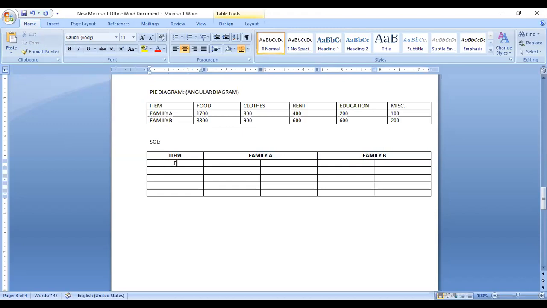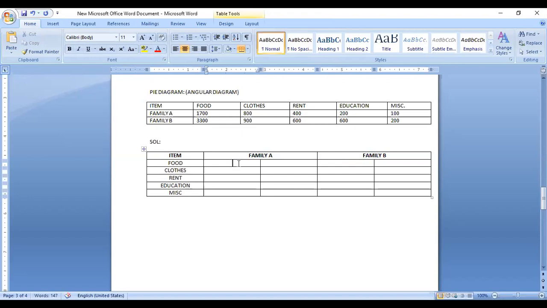First one food, then second expenditure clothes, then rent, and the next education, and lastly miscellaneous expenditure.